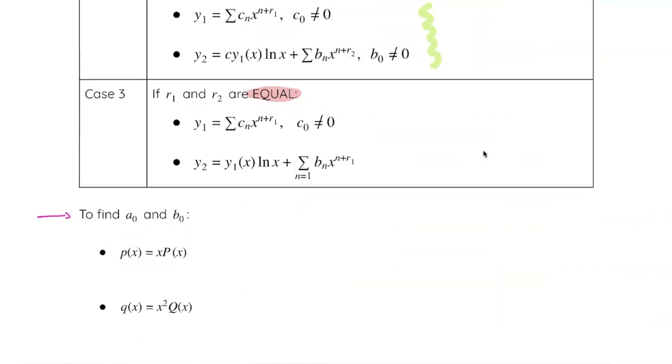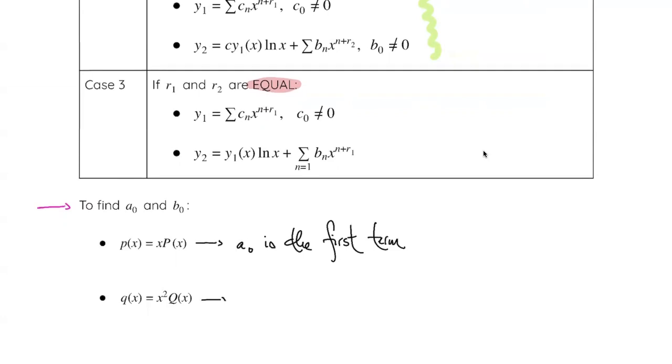So to find a sub 0 and b sub 0, we're going to use something that should seem pretty familiar to what we used above to determine whether a point was regular or irregular. Okay. So if we have little p of x equals x times big P of x, it turns out that a sub 0 is the first term once we distribute.